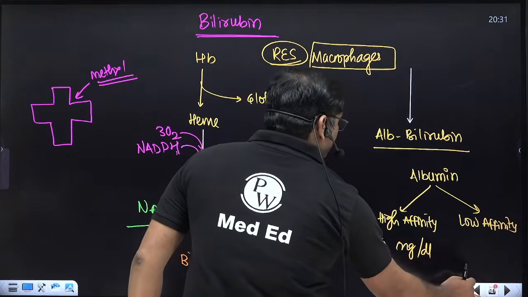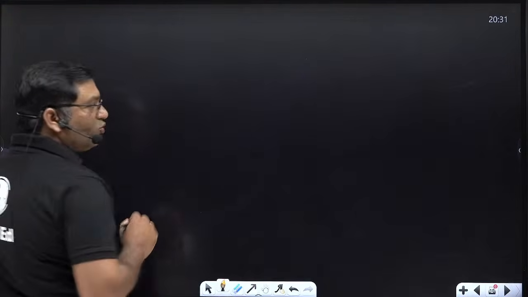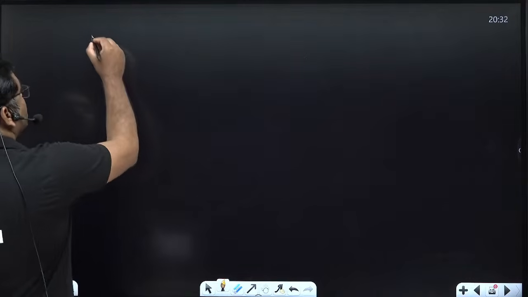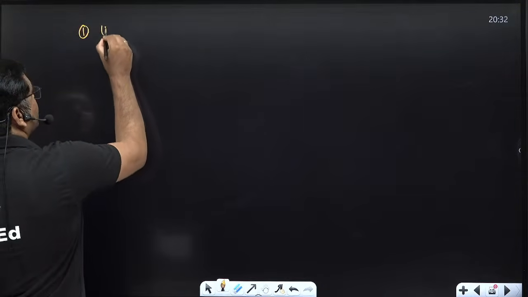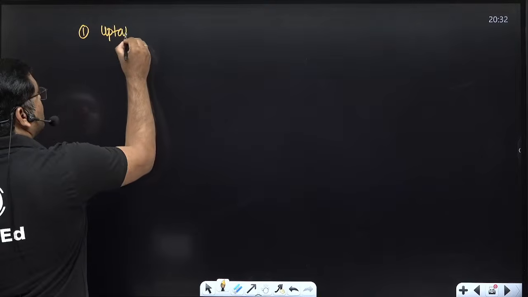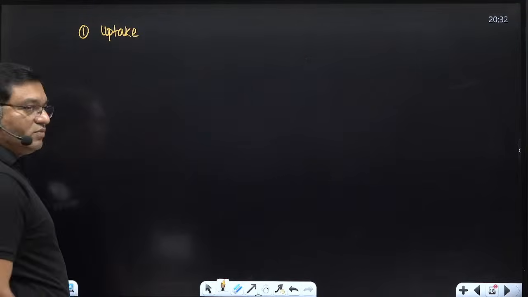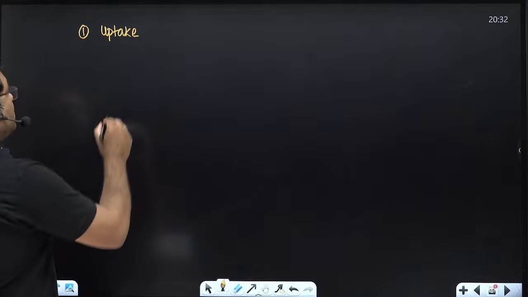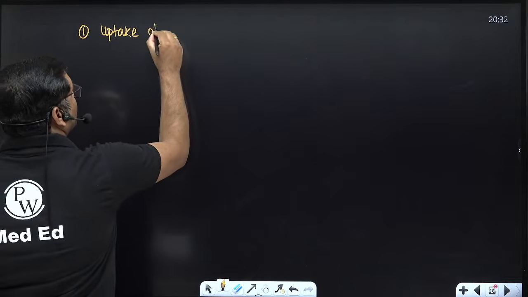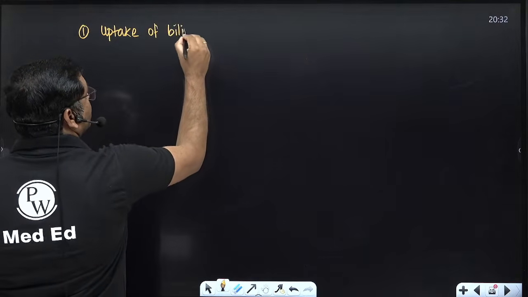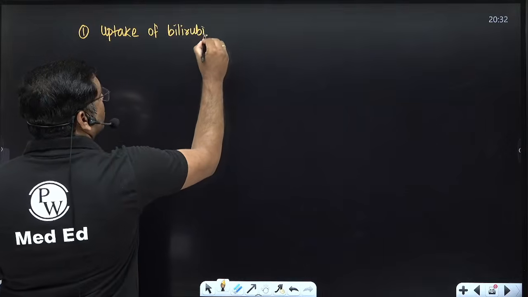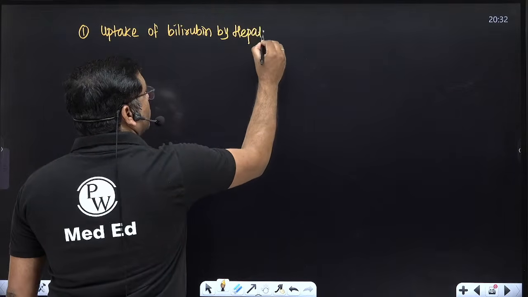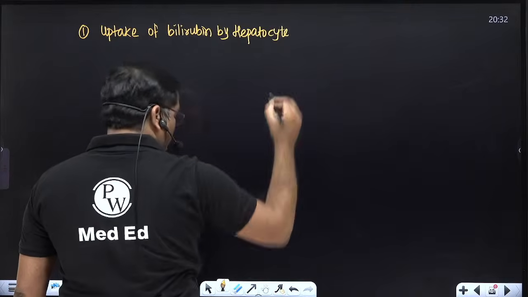Now there are three processes in bilirubin metabolism. First is the uptake of unconjugated bilirubin by the hepatocytes, by facilitated diffusion.